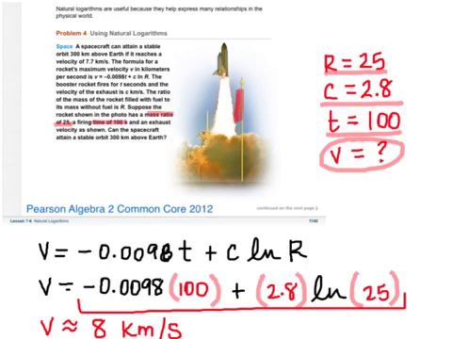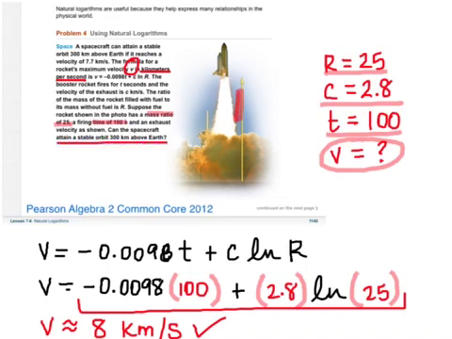We get approximately 8, and if you look back up into the question, it says that v is measured in kilometers per second, so we put kilometers per second here. And the question is, can the spacecraft attain a stable orbit at 300 kilometers above the Earth?